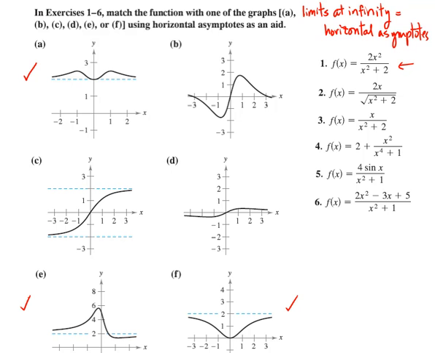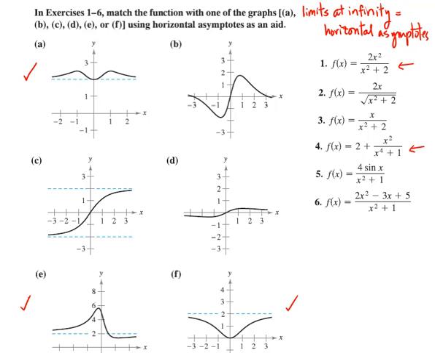Well, the first one, because the degree of the leading term is squared, so the horizontal asymptote would be the ratio of the leading coefficients, 2 over 1, which is 2. So the first one definitely has a horizontal asymptote of 2. Let's see if there are any others.